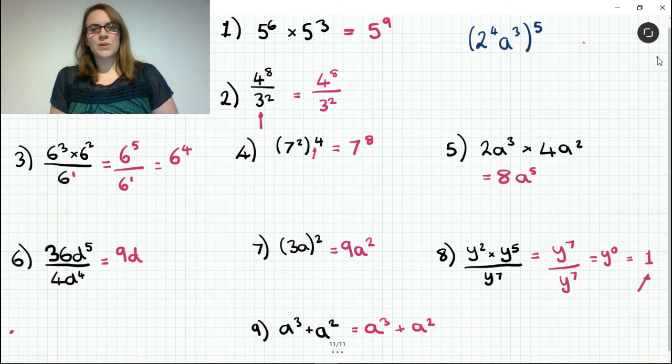If we then want to get rid of the brackets, remember a power raised to another power means we multiply the powers. So this would mean that we use 2 4 times in a multiplication, a 3 times in a multiplication, and we actually do that 5 times. So we are going to use the 2 4 times 5 lots of times, so 4 lots of 5 is 20.